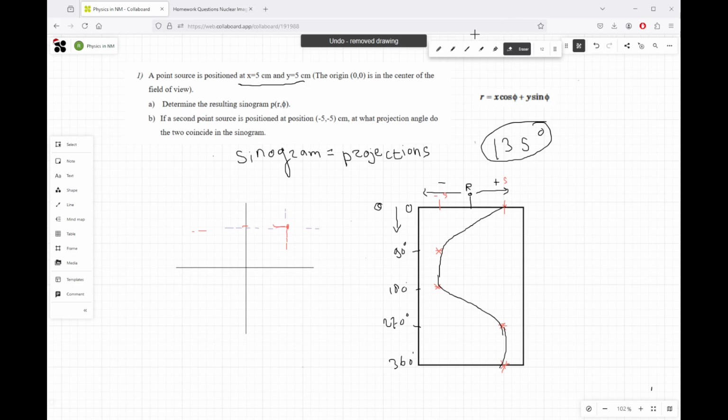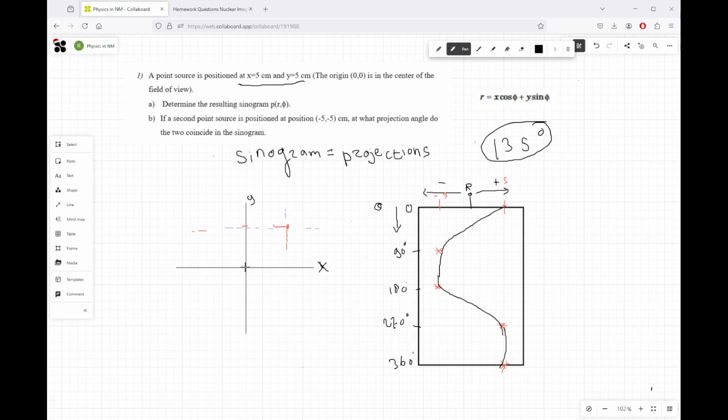Alright, so let's have a look. We need to edit this one. Alright, so again, X and Y. So we have a point source right here. So 135 degrees, which is 45 degrees plus 90 degrees.